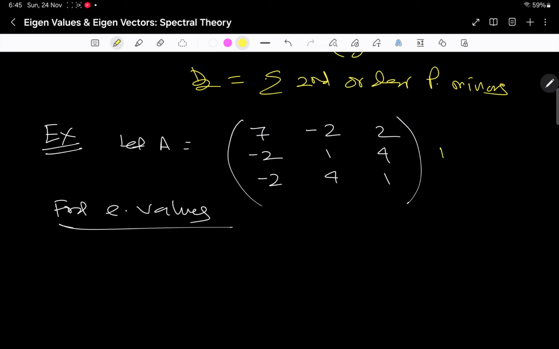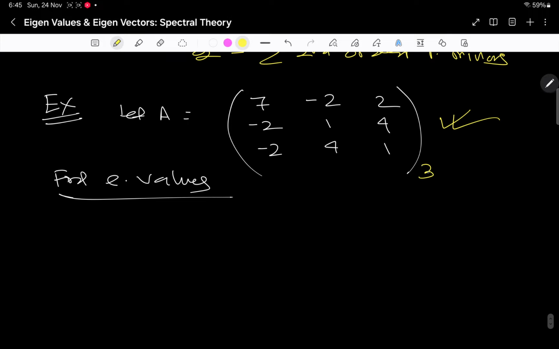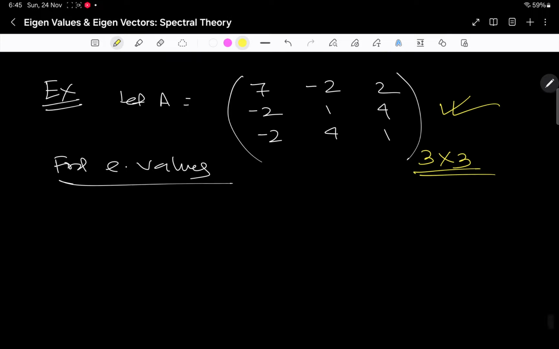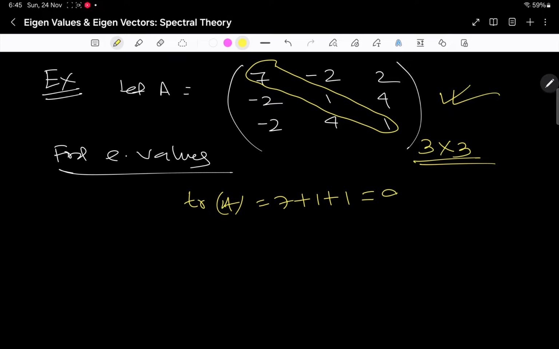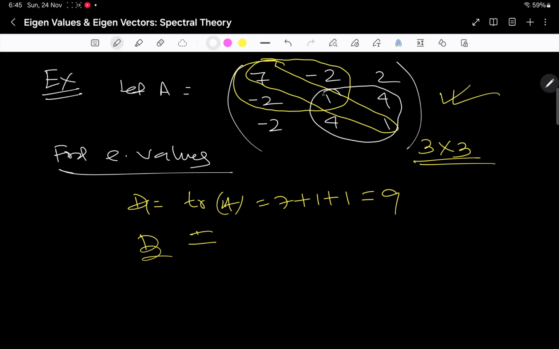Suppose you are asked to find the eigenvalues of this third order matrix, 3 by 3. What is the trace of A? It is simply the sum of the diagonal: 7 plus 1 plus 1 is 9. This is your d1. What is d2? It is a sum of principal minors, which means you have to include the diagonal elements, second order matrices keeping the diagonal elements intact.